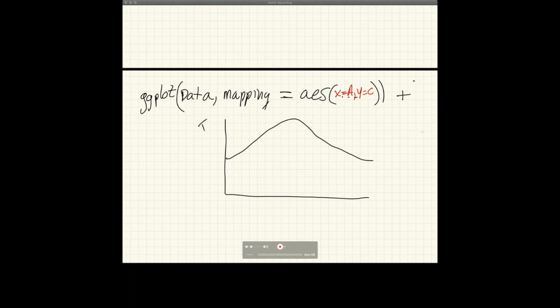And this was maybe temperature in degrees C, and this was month: January, February, March, April, May, June, July, August, September, October, November, December. And we made this curve. I showed you how to make this plot using a geom line, right?